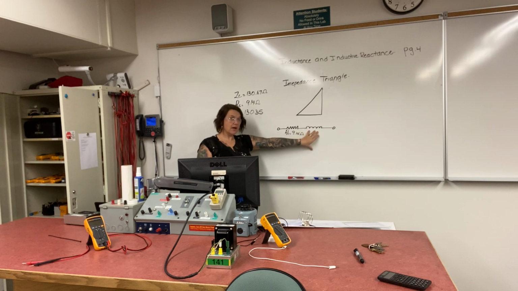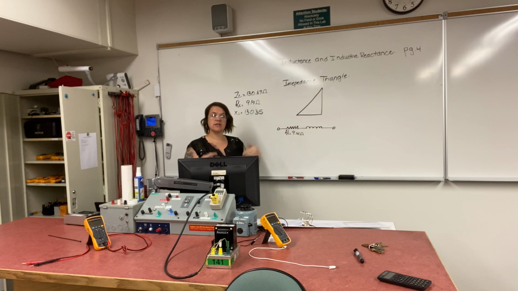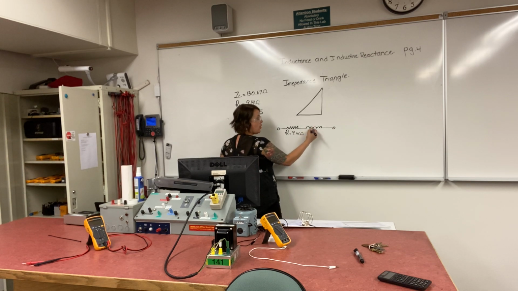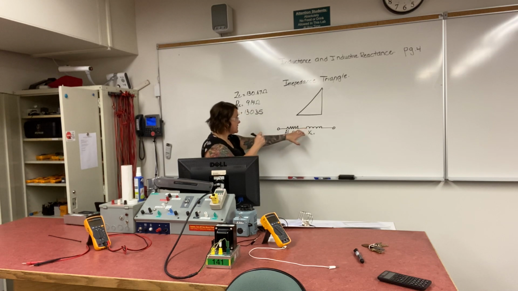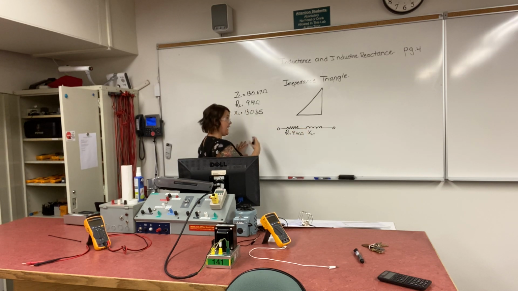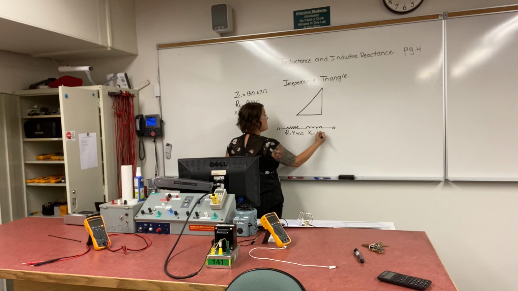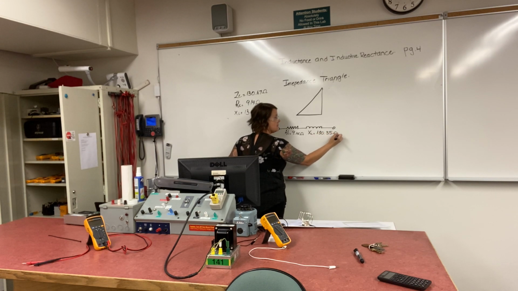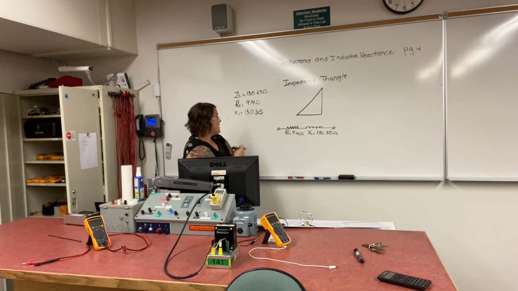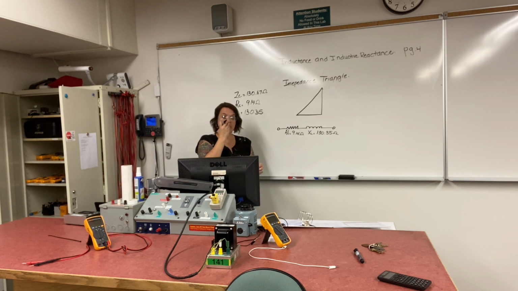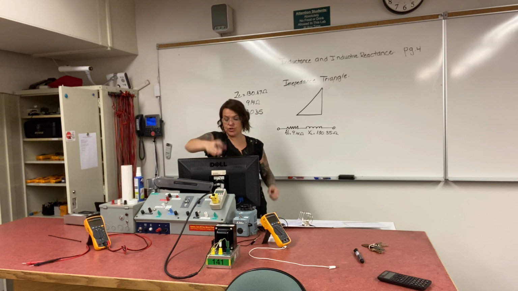Then I have the inductive part of the coil, and that would be the component of the coil that creates inductive reactance, which is a part of the opposition of current flow. So the coil part of the inductor, I'm drawing like that, and I'm labeling it XL, and that is 130.35 ohms, okay?